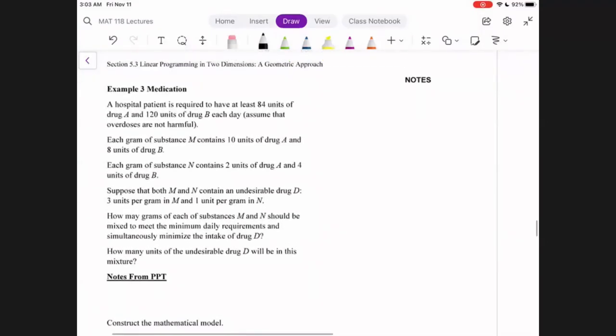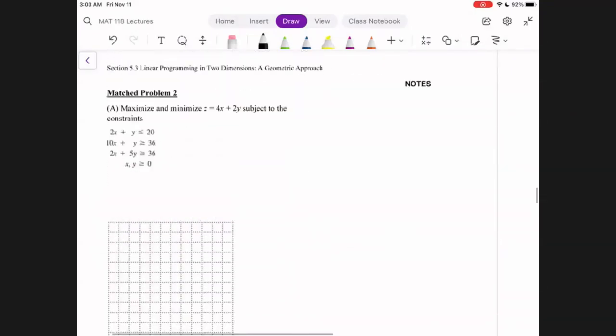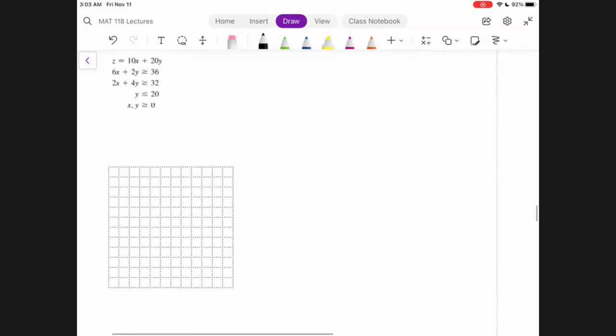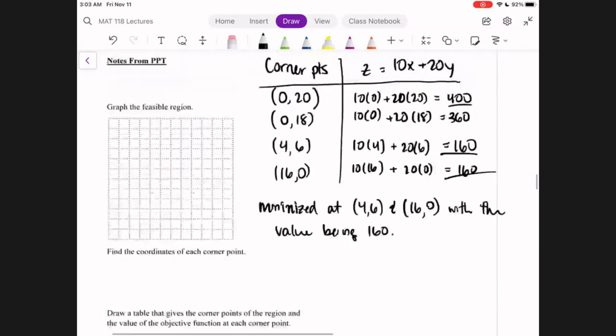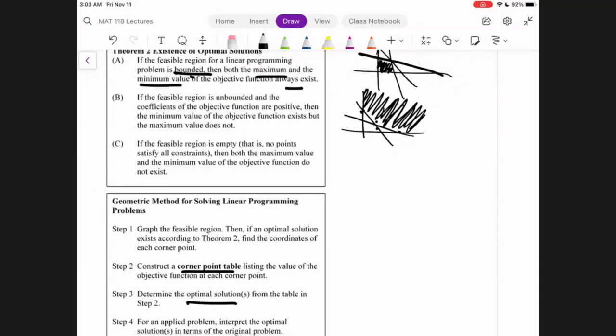and then it talks about medications, okay? So just think, as you do your problem, if there's a problem where they don't intersect at all, then there is no max or min, okay? So you can look at the book. So up here, remember there is, if it's bounded, and then not bounded, and then none.